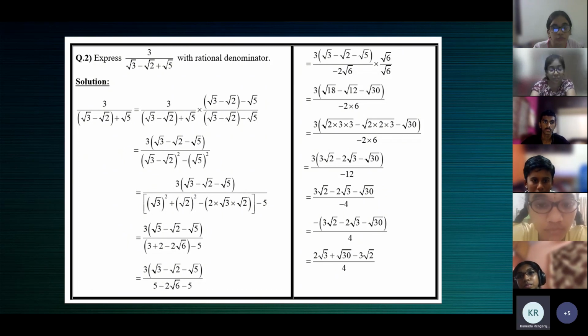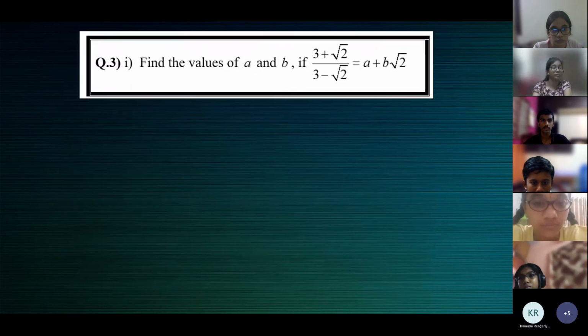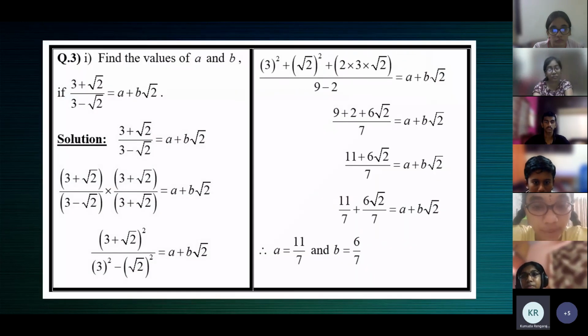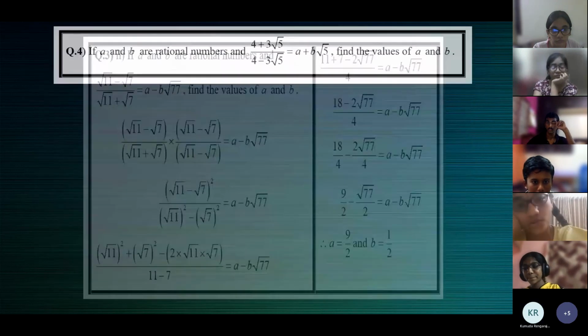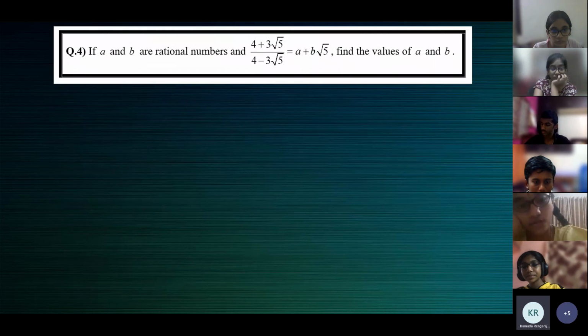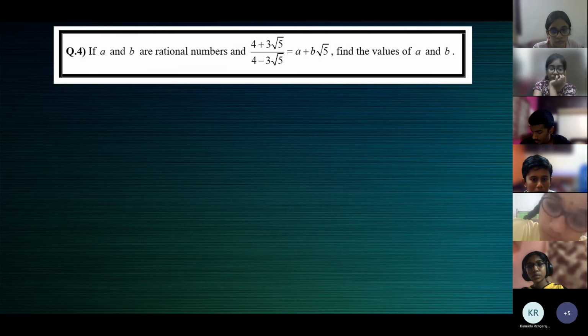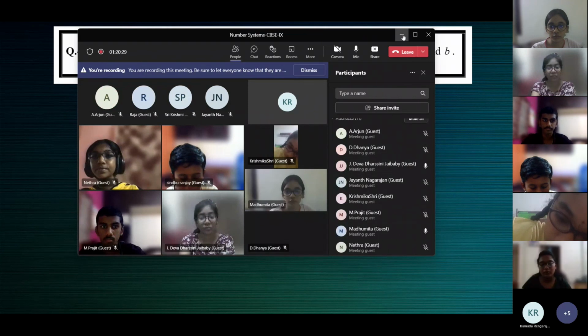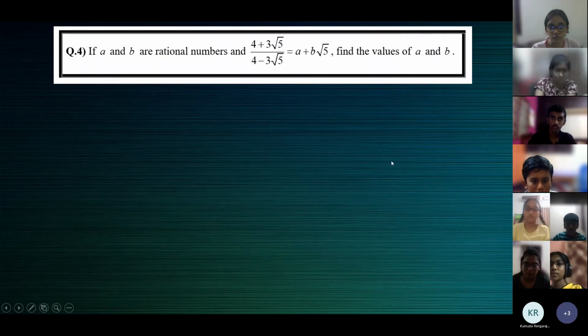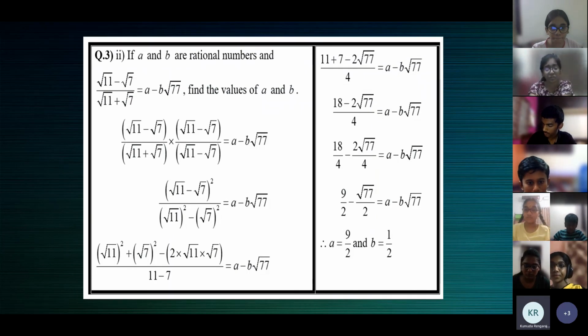Use the same procedure to rationalize. You have to complete your classwork with the screenshots you've taken today, and also this one as homework. 2 more questions I'll post. If you have not taken a screenshot, it's here.